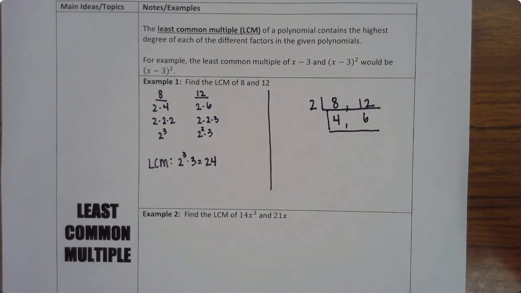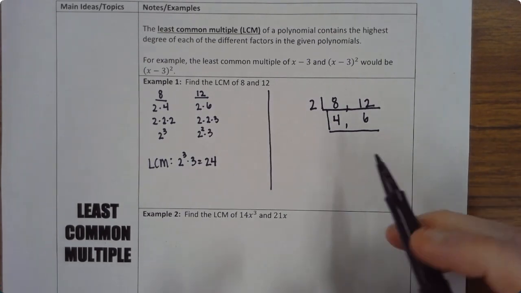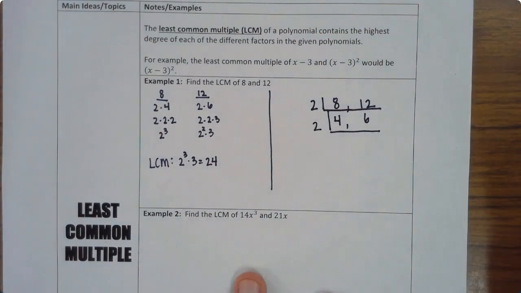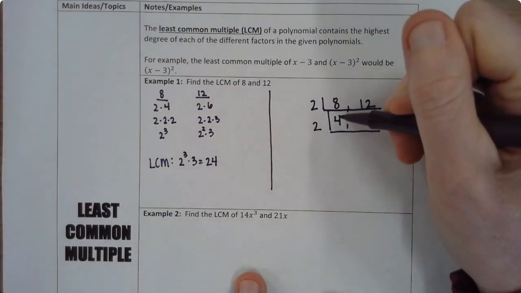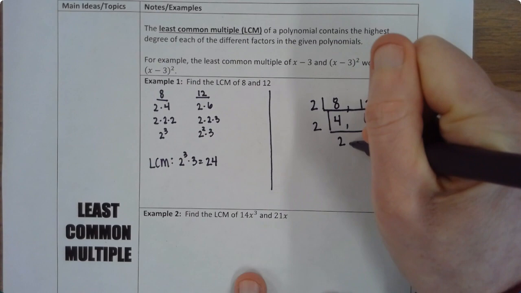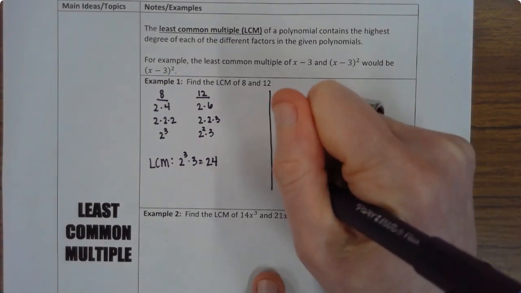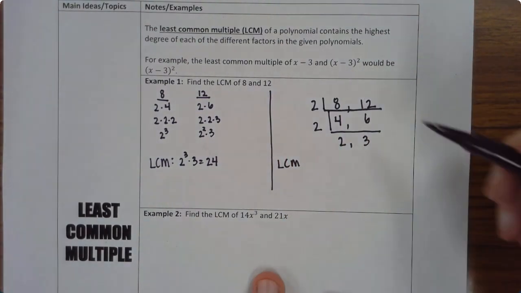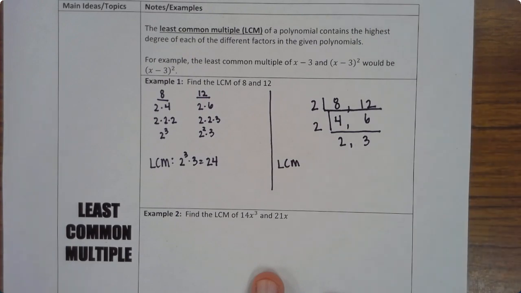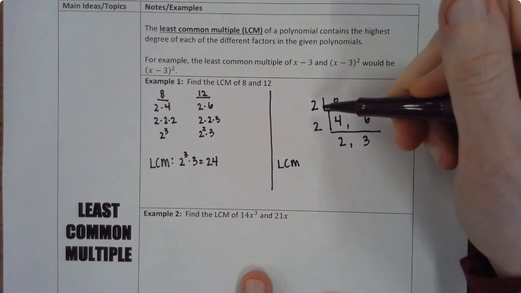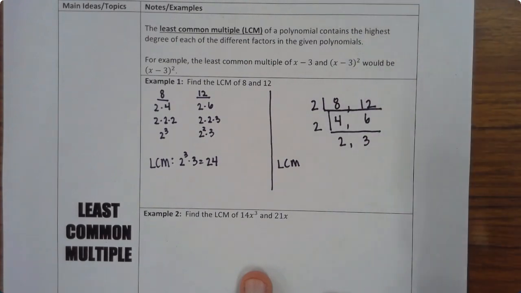And then you look at these two numbers and you say, okay, what do they have in common? Well, they're both divisible by 2 again. So you could put that common factor out there. And then again, we're going to divide them both. And at this point, 2 and 3 do not have any common factors. So my least common multiple, if I'm using this upside down cake or this ladder method, would be the product of all of the values, the common factors and the remaining 2.